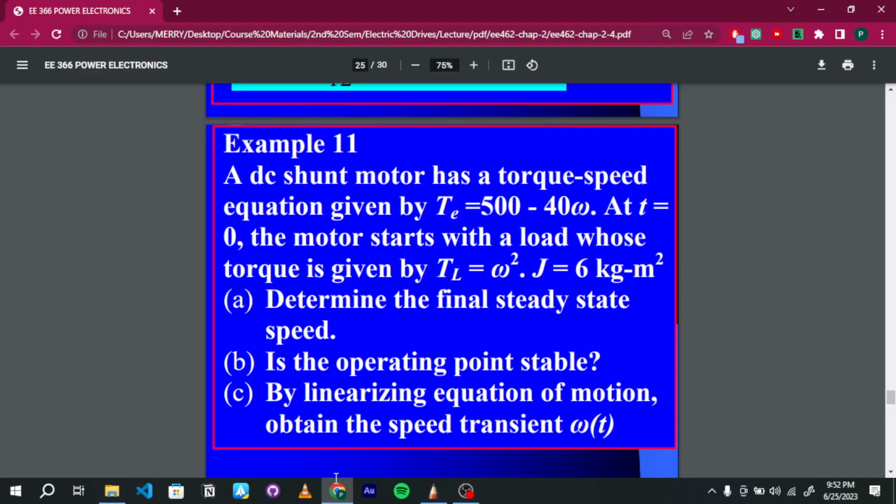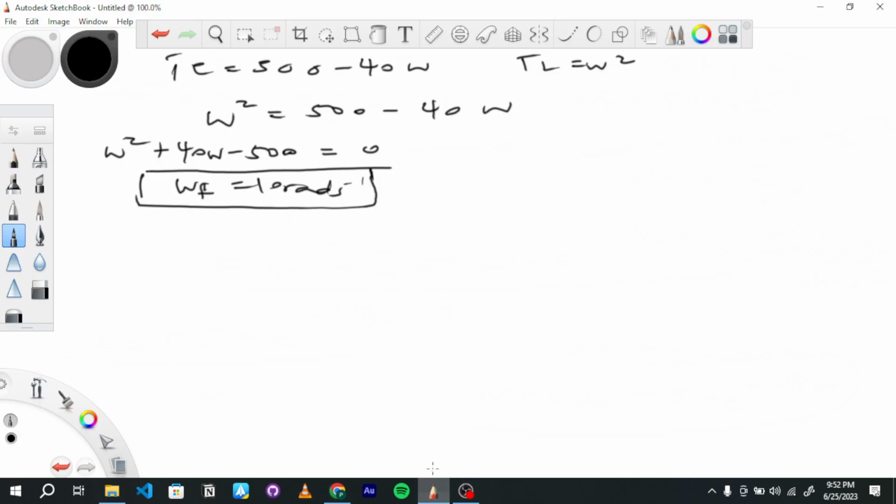Now the next part is: is the operating point stable? We learned that for stability, dTL over d omega should be greater than dTe over d omega at the steady state point. So let's check. dTL over d omega is 2 omega at the steady state.